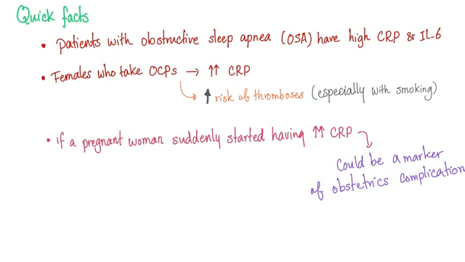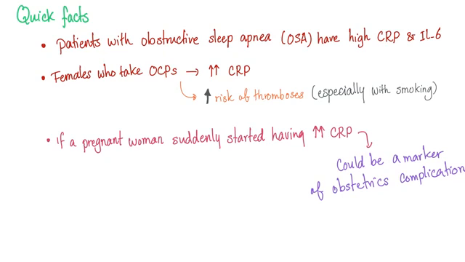Quick facts. Patients with obstructive sleep apnea have high CRP and interleukin-6. Females who take oral contraceptive pills have high CRP level, and they have increased risk of thrombosis and maybe cardiovascular events, especially with smoking.